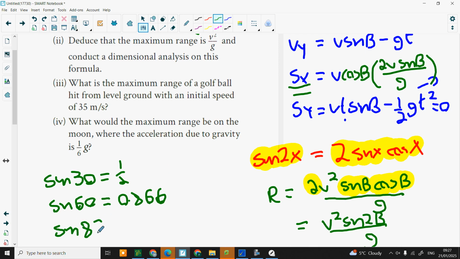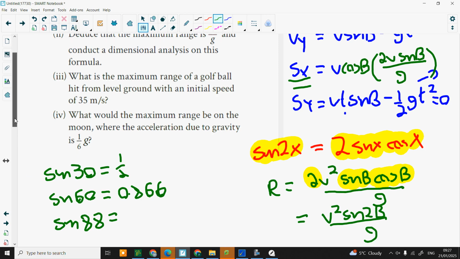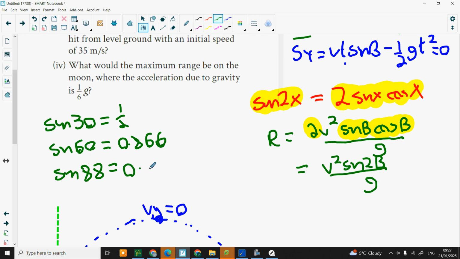What's sine 88? 0.99. What's sine 90? What's sine 100? Ah, so when is sine at its maximum value?